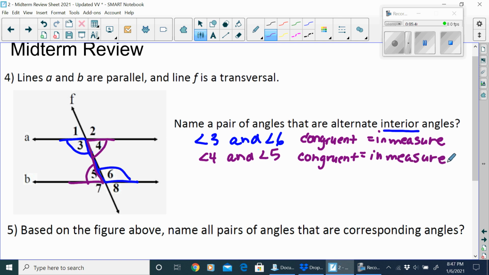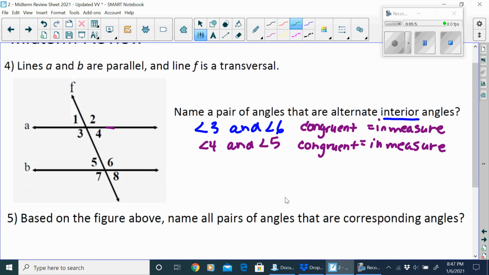Now I'm going to erase this ink for the next part of the question so we can see it better. It says, number 5, based on the figure above, name all the pairs of angles that are corresponding angles. Corresponding means they hold the same position.